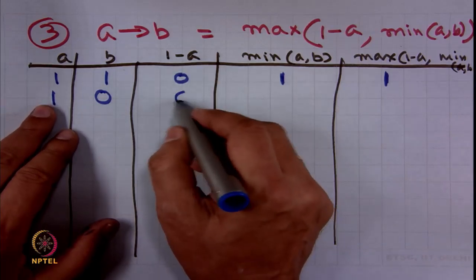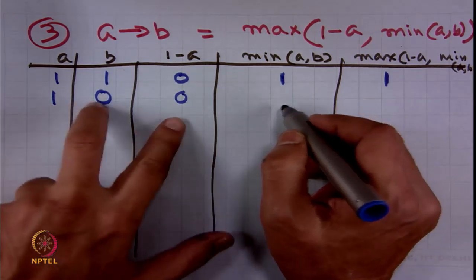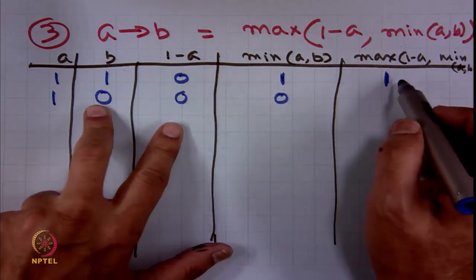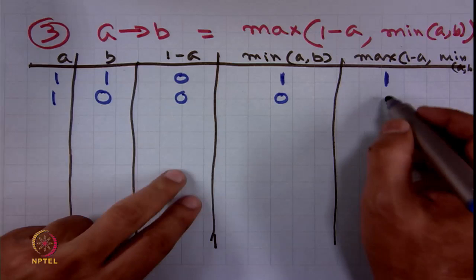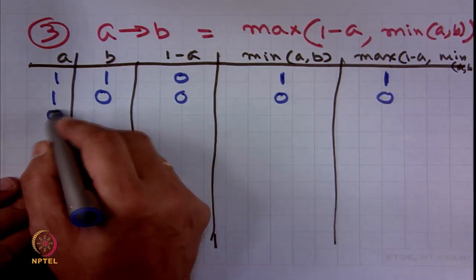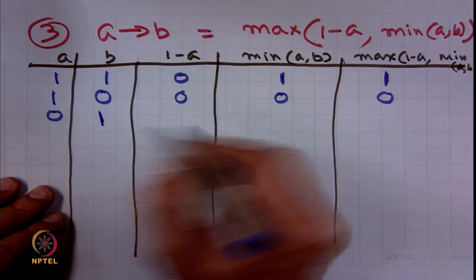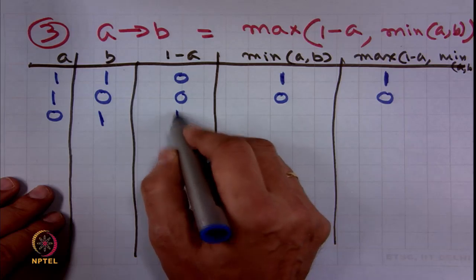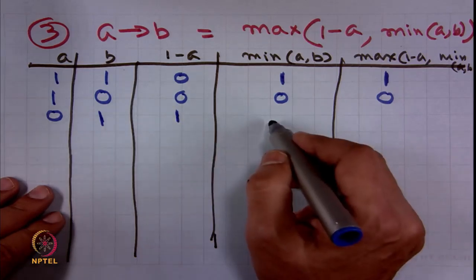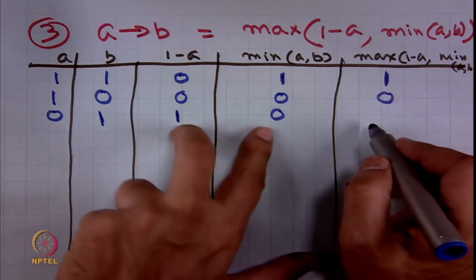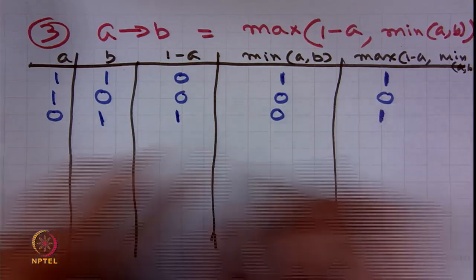1 minus a is 0, minimum of a b is equal to 0, therefore maximum of 1 minus a and minimum of a b is equal to 0. Then 1 minus a is equal to 1, minimum of a b is equal to 0, therefore maximum of these two is 1.